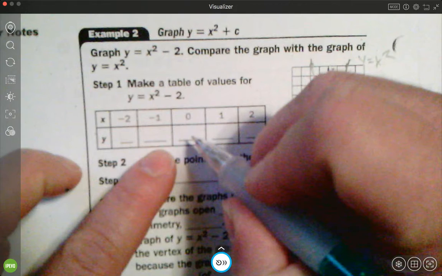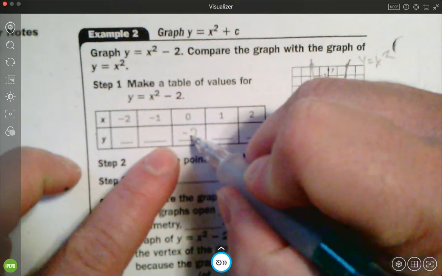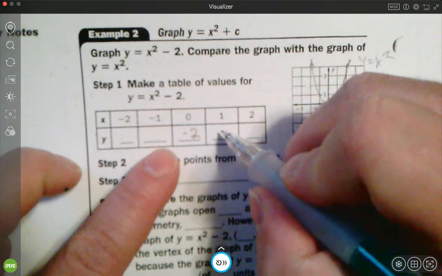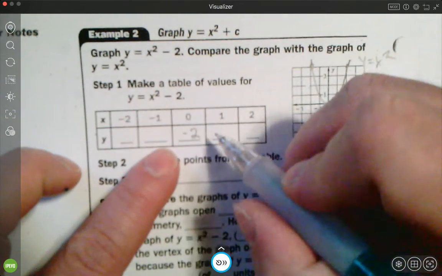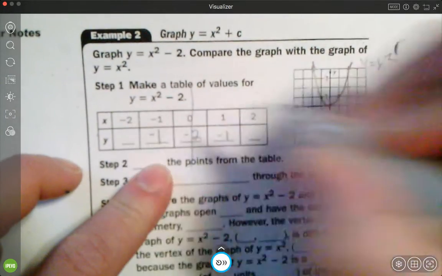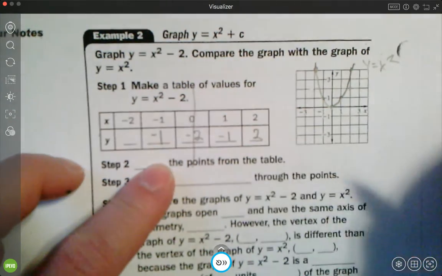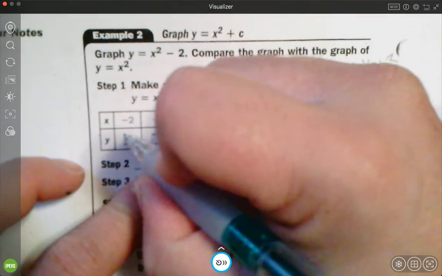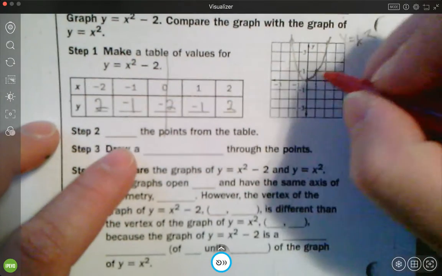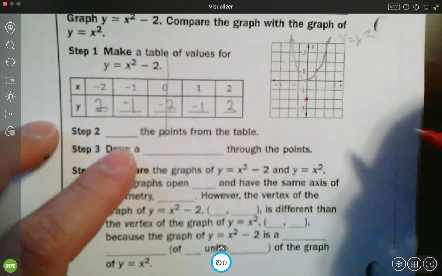When I put in x equals 0, 0 squared is 0 minus 2 is -2. Interesting. Our vertex is no longer at 0, 0. Now if I put in 1 squared is 1, minus 2 is negative 1. It's a line of symmetry here, so I can put a negative 1 here. 2 squared is 4, 4 minus 2 is 2, and so I can put, again, a 2 here without even thinking. So now, when I graph this one, you'll notice here 0, negative 2 goes here, okay?